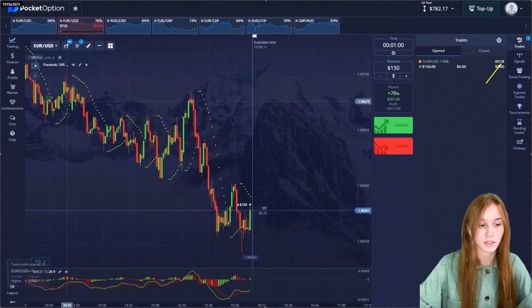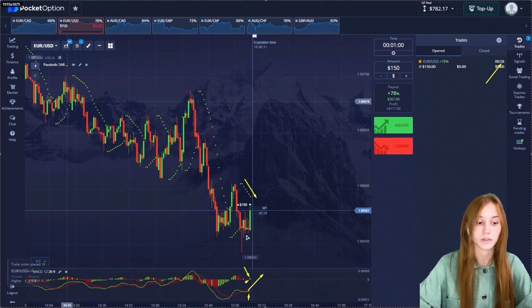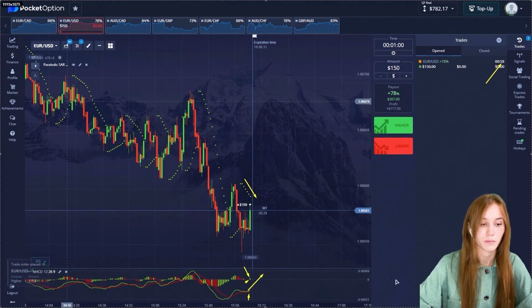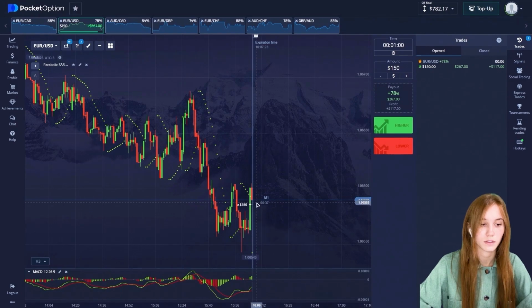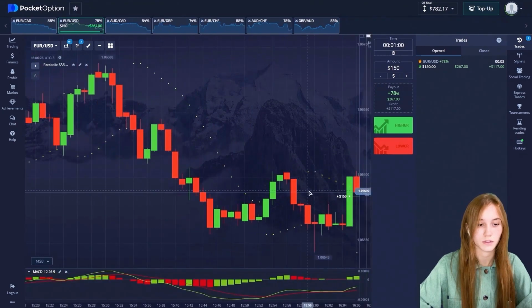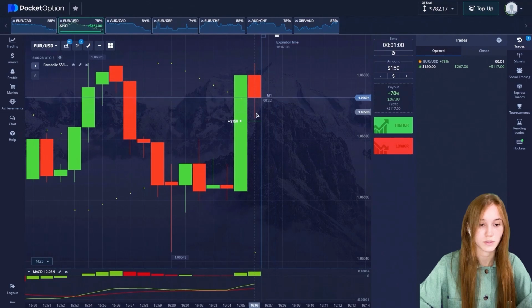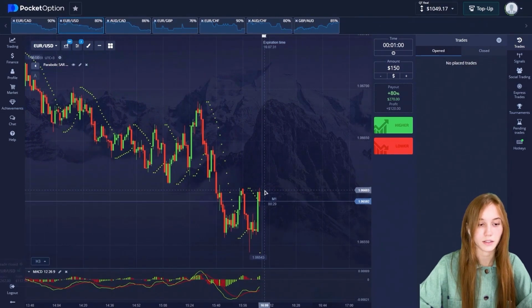By parabolic we see decreasing trend, but by MACD we see that the green line is going up, and red bar is lower. Also we see increasing trend. 4 seconds left. Zoom it. Yeah. Our deal goes into plus.